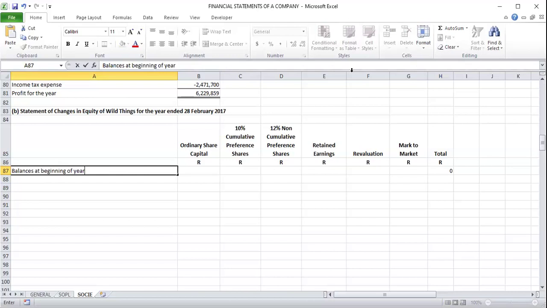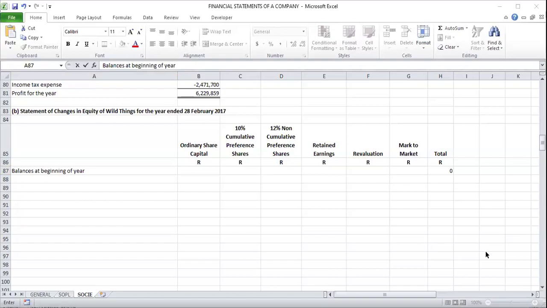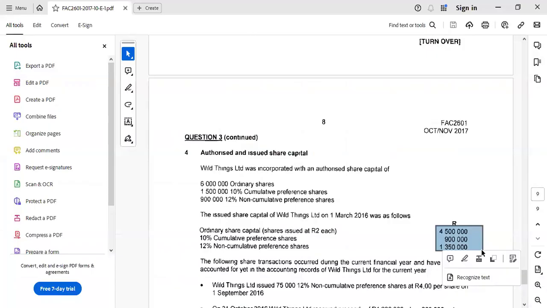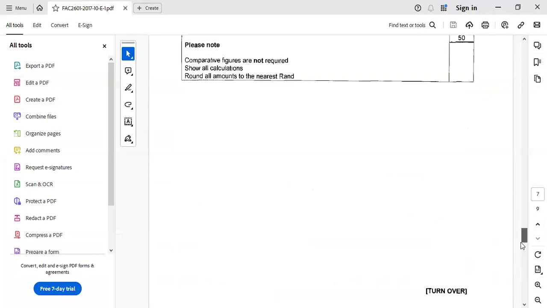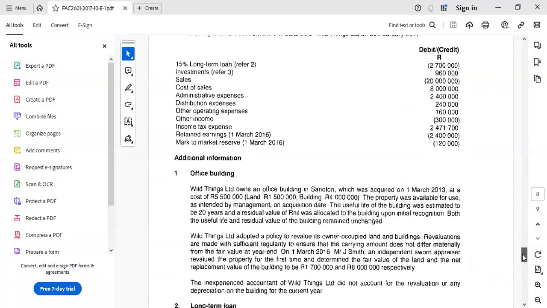For the share capitals, they are given here. Then the other ones are these ones.